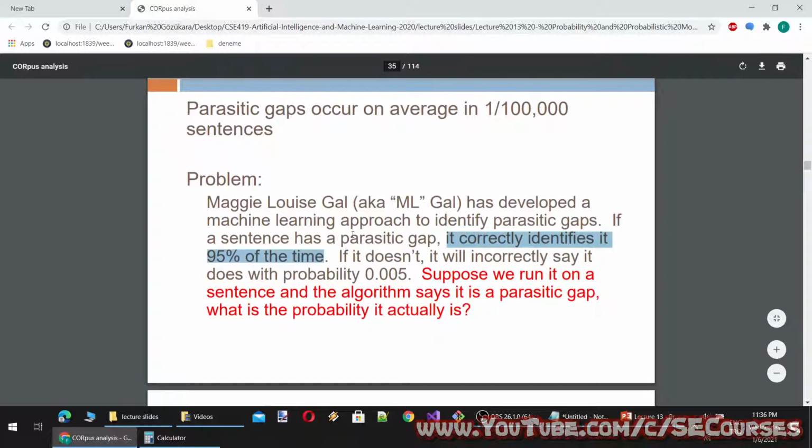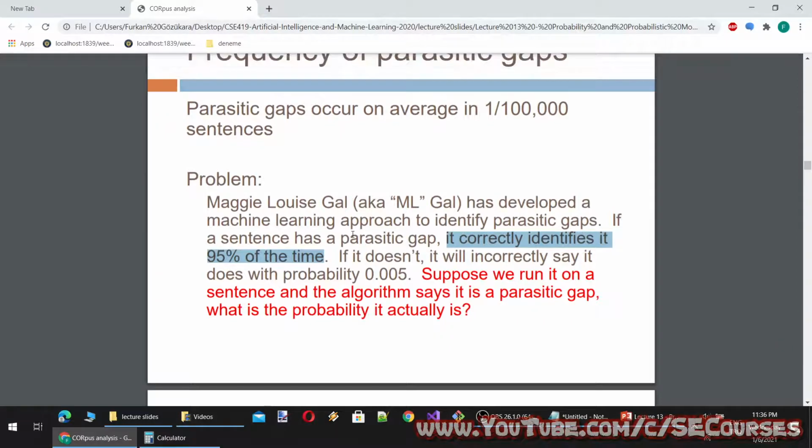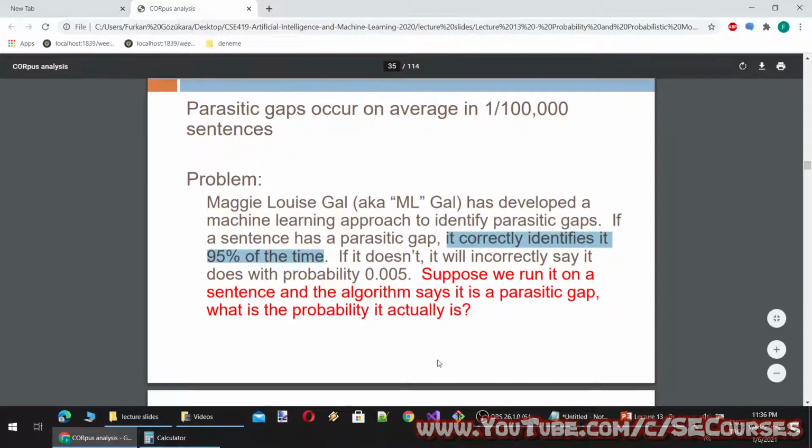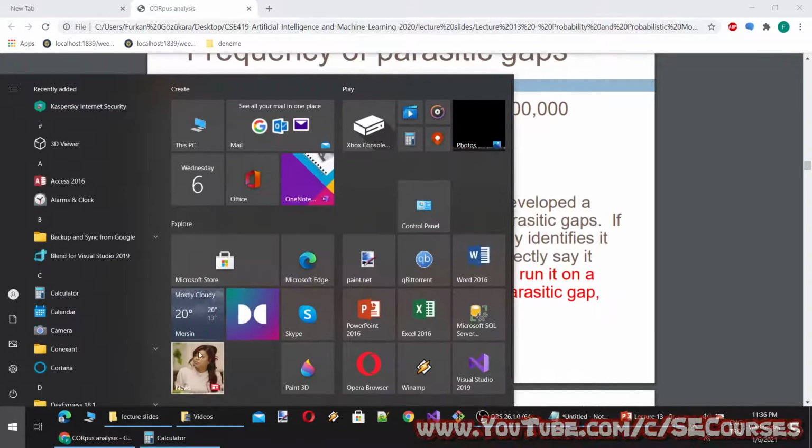So this is a conditional probability: if it has one, 95% of the time it is correct. However, if it doesn't, this is another conditional probability: it will incorrectly say it does with probability 0.005. So let's do some math here.